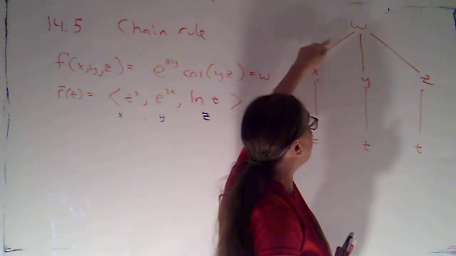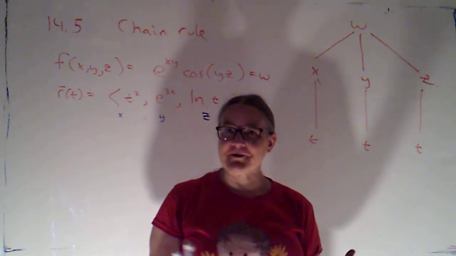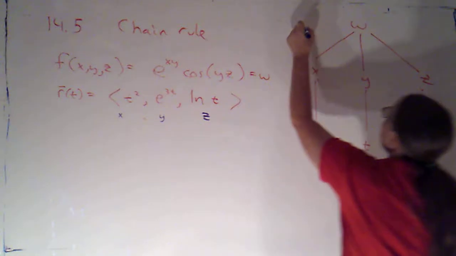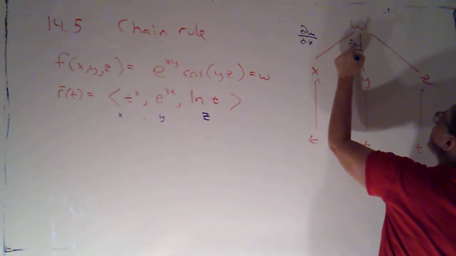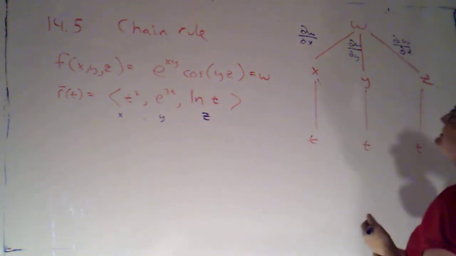So up here, w has 3 lines leading from it, so it depends on 3 variables, so those derivatives are going to be partials. So we'll have the partial of w with respect to x, the partial of w with respect to y, and the partial of w with respect to z.